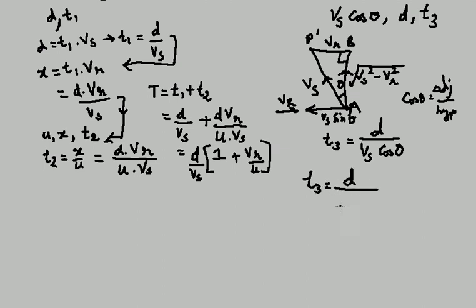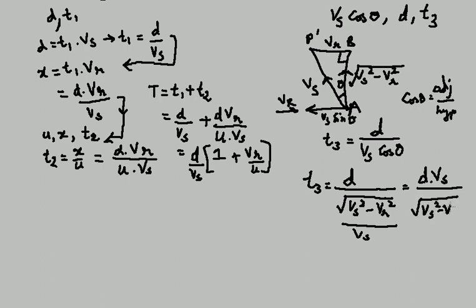Adjacent side is root Vs square minus Vr square, divided by hypotenuse Vs. So this would be equal to d into Vs by root over Vs square minus Vr square.